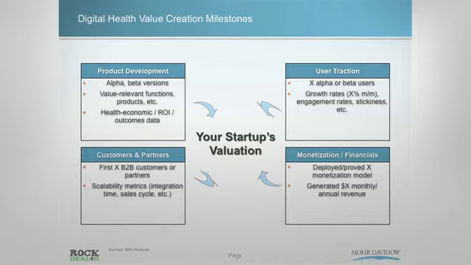A simple example is that you have an alpha product, or a beta product, or you've launched a particular set of functionality. For example, let me pick a company that's out here. For the Agile guys, you could say that we have 3 different disease states that are fully set up under our algorithm. That's a milestone you might have reached in your product.